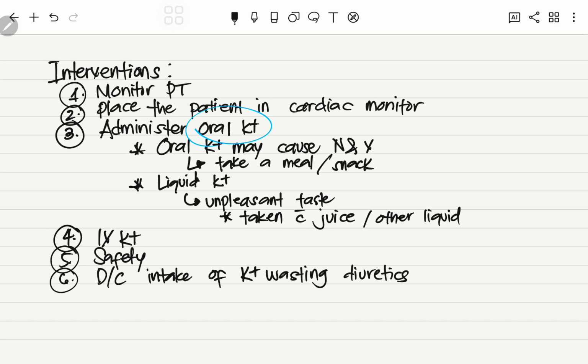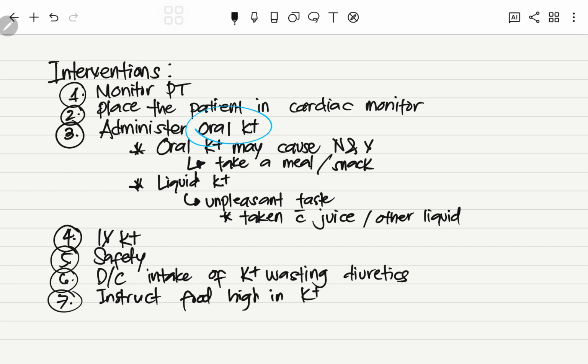Another thing that we need to put in mind is number 7: instruct the patient about foods high in potassium.